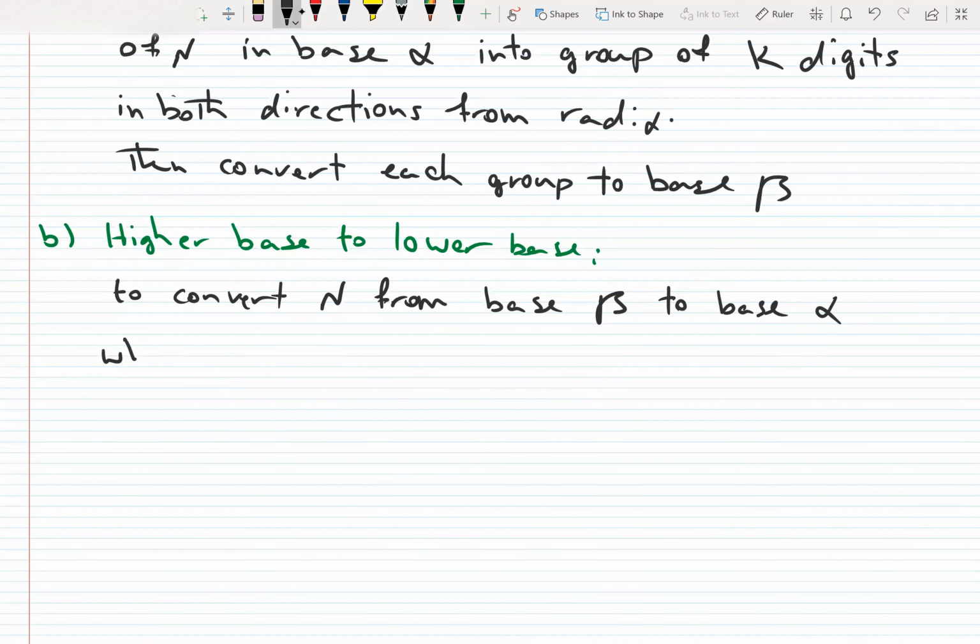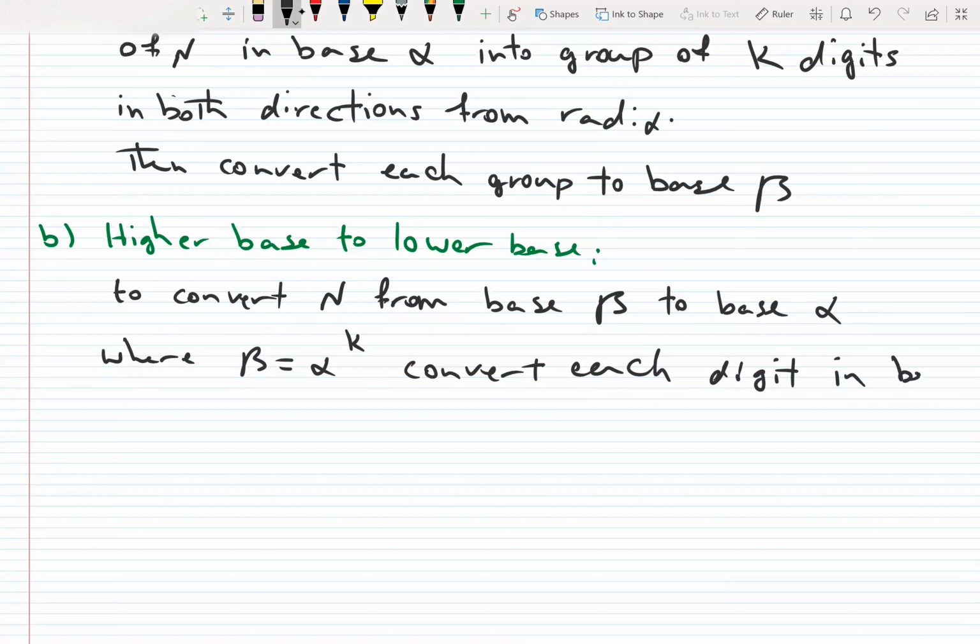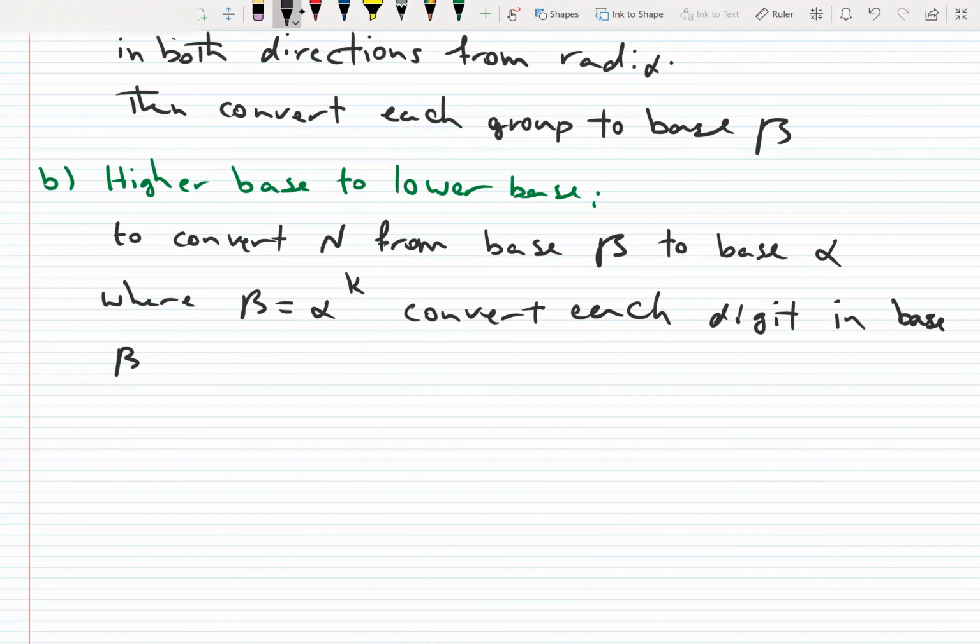where beta is equal to alpha to the power of k, convert each digit in base beta to k digits in base alpha.